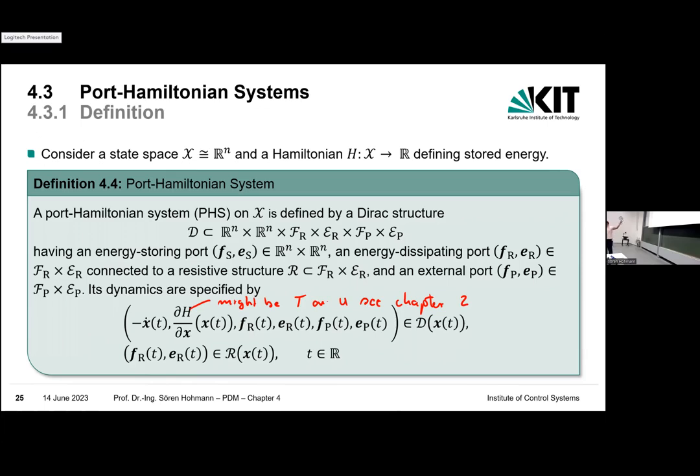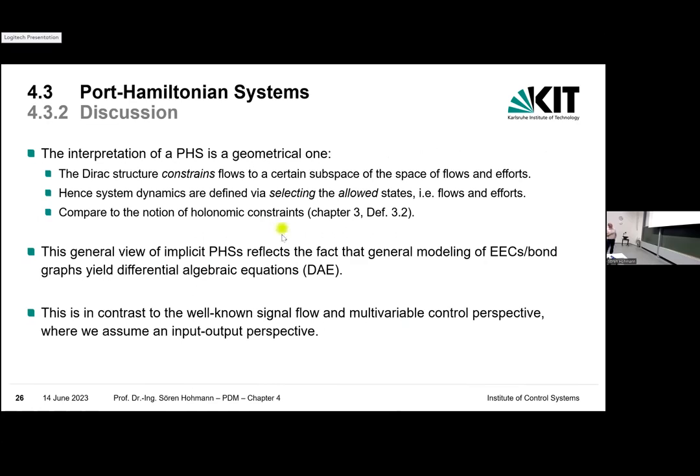Here, I constrain the flows and the efforts variables. That's a very different thing, but it's somehow similar to what we've seen before, and therefore we get a geometric perspective of the port-Hamiltonian system. The Dirac structure constrains flows to a certain subspace of the space of flows and efforts, and one can say a Dirac structure or a system dynamics is defined by just selecting the allowed states.